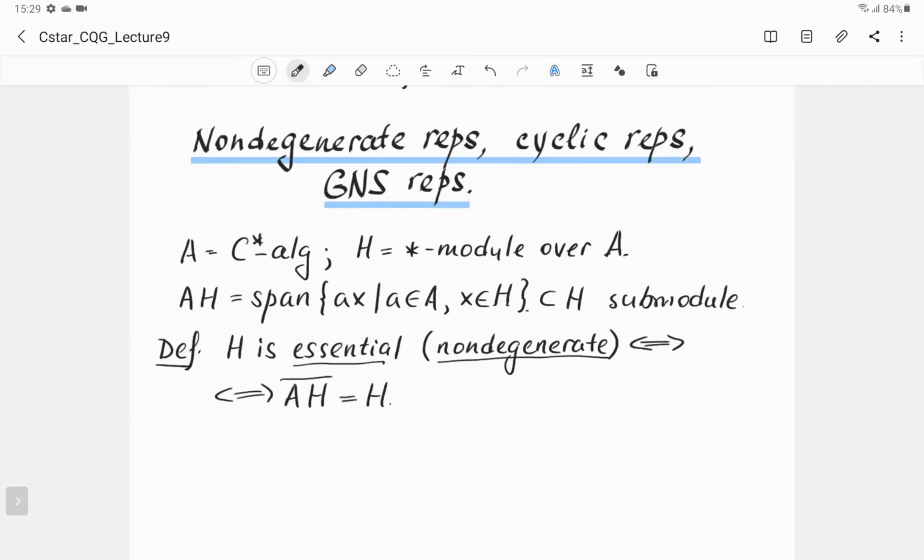Traditionally, when we speak about representations, we use the word non-degenerate, and when we speak about modules, we say essential. But these are equivalent names for the same notion.